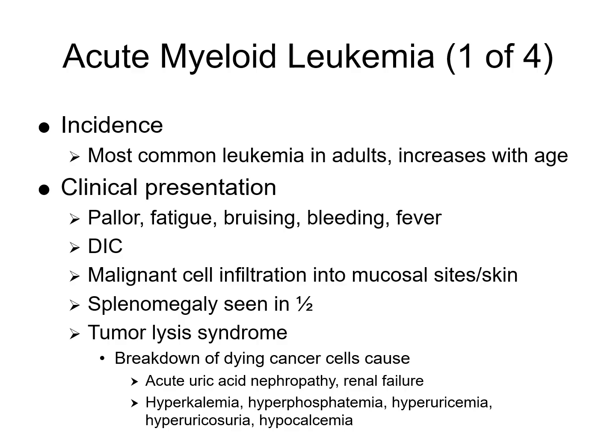Some metabolic disturbances can include acute uric acid nephropathy, which leads to renal failure, electrolyte abnormalities such as hyperkalemia, which is high potassium, hyperphosphatemia, which is high phosphate, or hyperuricemia, which is high uric acid, hyperuricosuria, which is excess uric acid in urine, or hypocalcemia, which is low calcium.